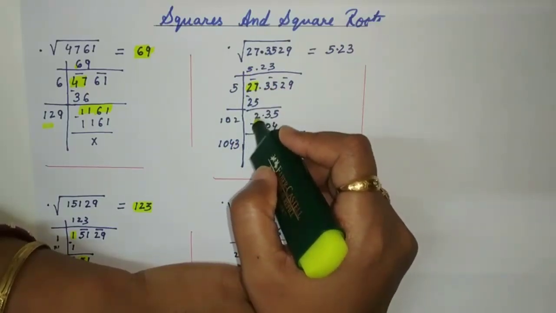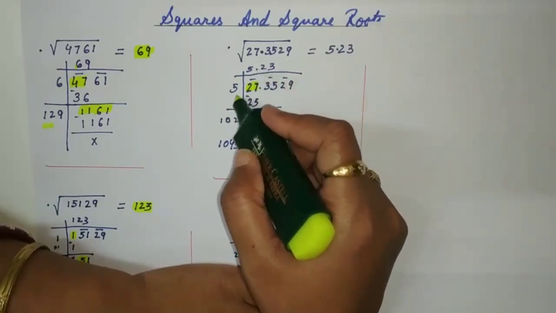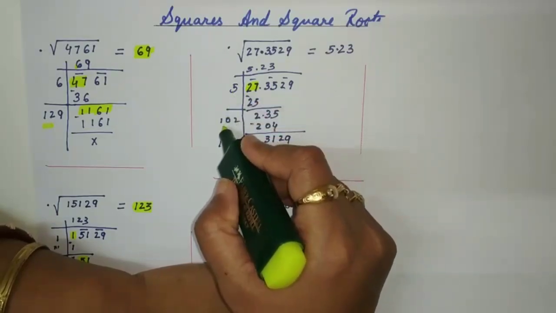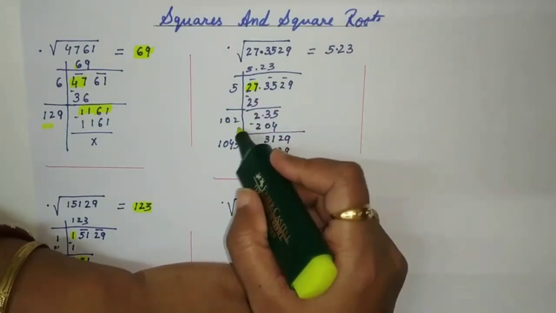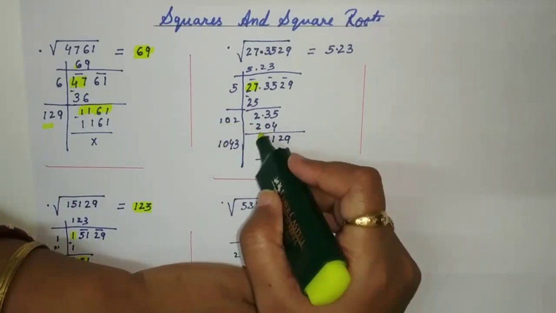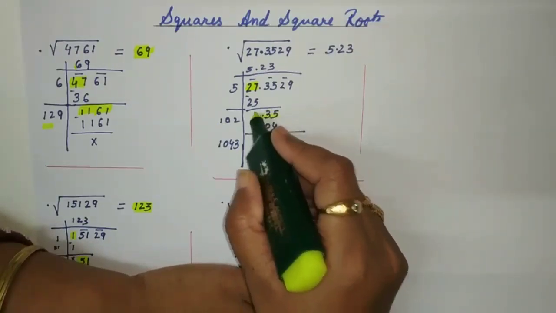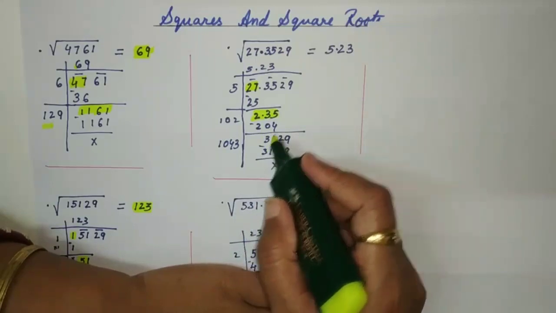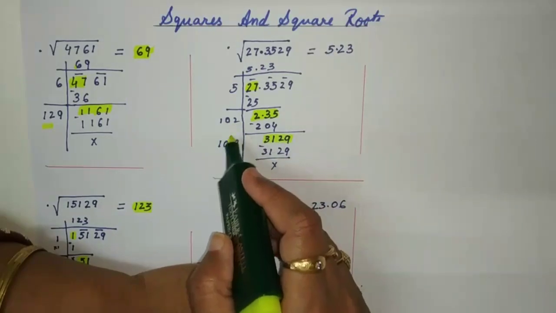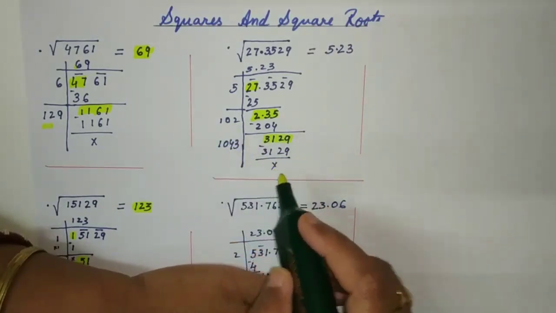Difference 2. 0.35 comes down, so decimal is put up. 5 was taken, so addition 5 plus 5 is 10, which comes down. The next number which is taken is 2, so 2 2s are 4, 2 zeros are 0, 2 1s are 2. Different. Now the number which we have taken here is 2.35. Here the difference is 31 and 29 comes down. 202 plus 2 is 204 and 3 is multiplied, so the remainder is 0 and the answer is 5.23.